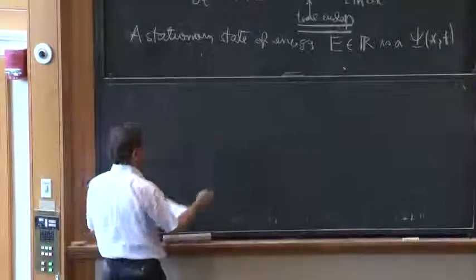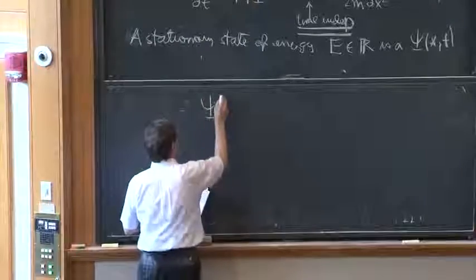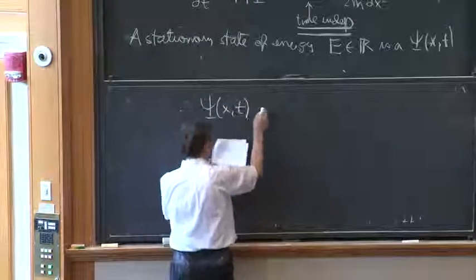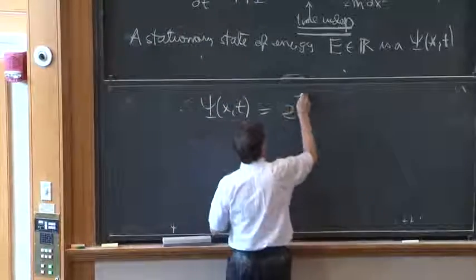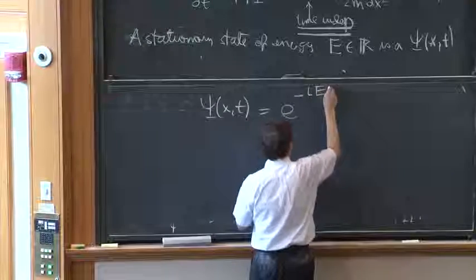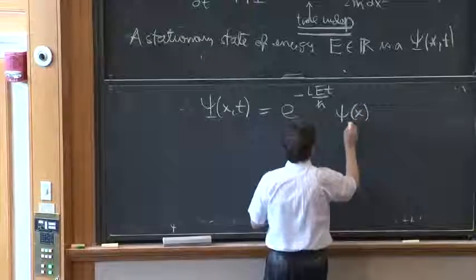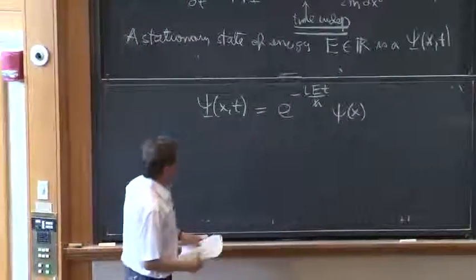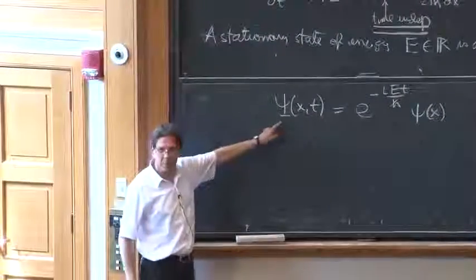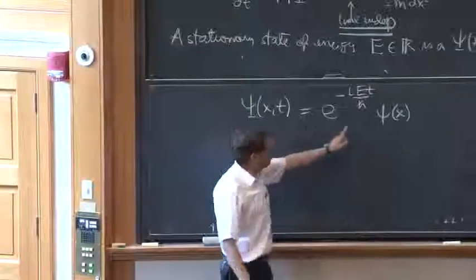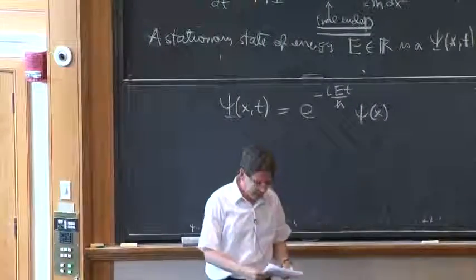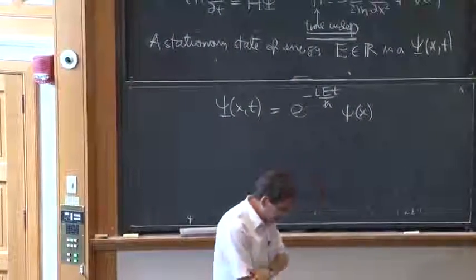So we say that this is a stationary state, e to the minus iEt over h bar times psi of x. And this psi is on purpose different from this psi, it doesn't have the capital, and that signals to you that it's the time-independent one.